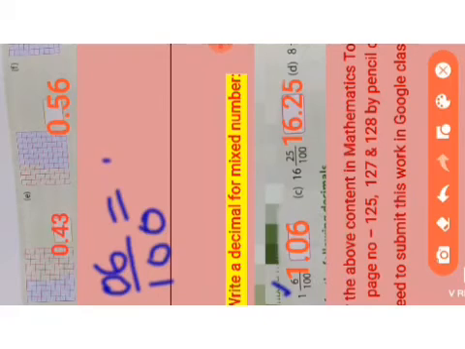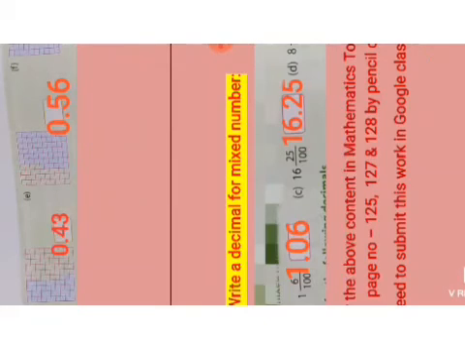If I change it into decimal, it is 0.06, and you can already see that the numerator is 6, the denominator is 100, and the whole number is 1. So our number will be 1.06. This is the answer. Come to the next one.